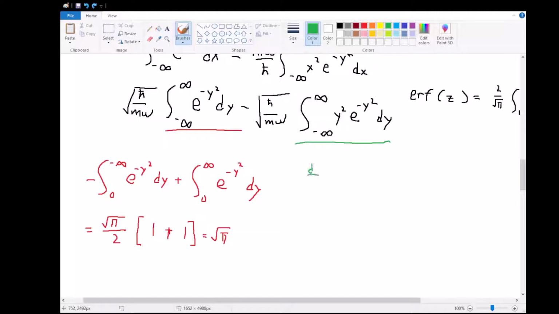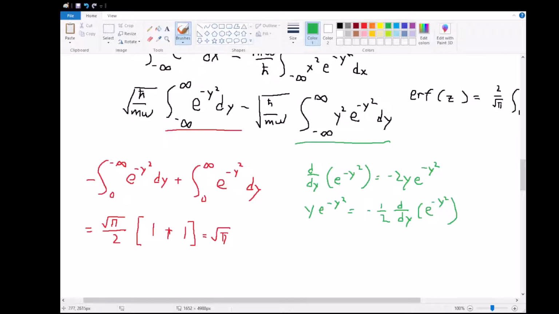So d by dy of e to the negative y squared is equal to negative 2y times e to the negative y squared. So that means y times e to the negative y squared is equal to negative 1/2 d by dy of e to the negative y squared.